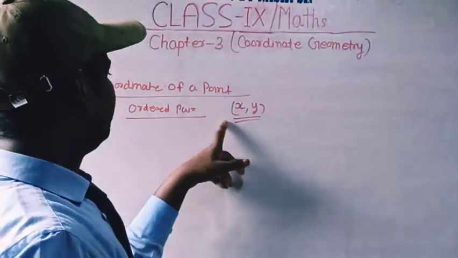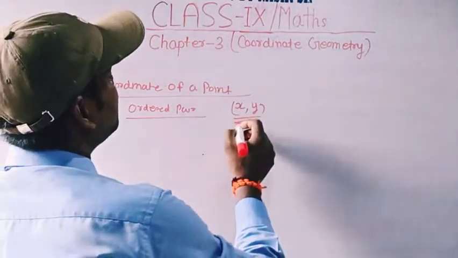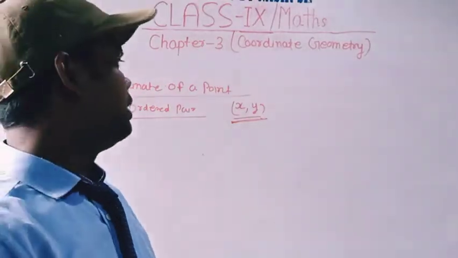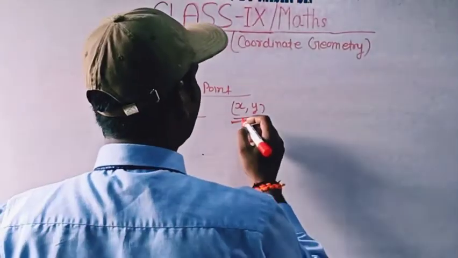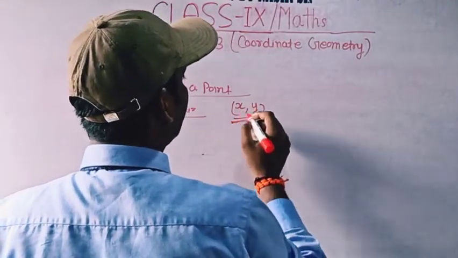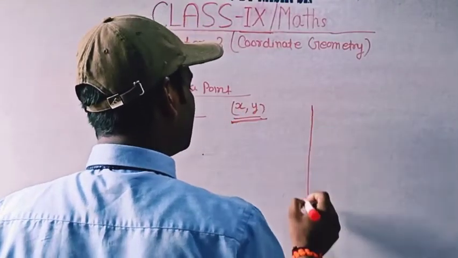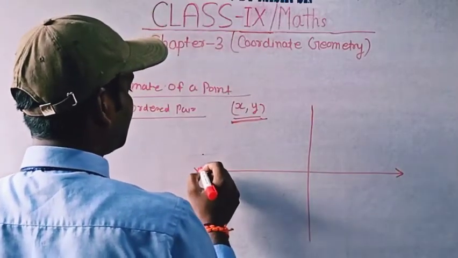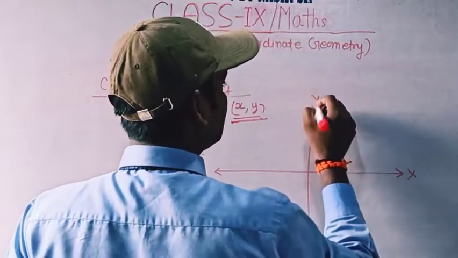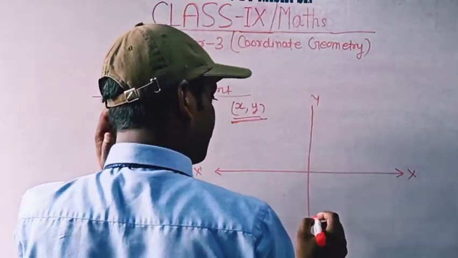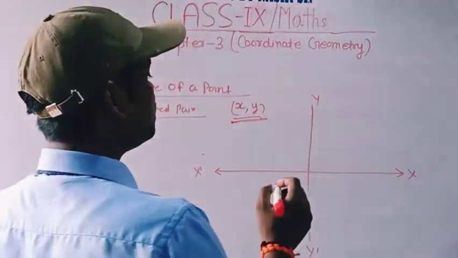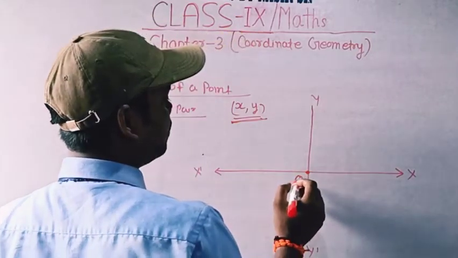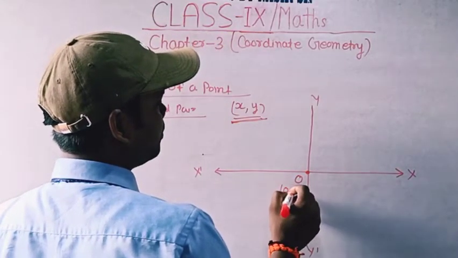So this type of number is represented in the Cartesian plane. If we want to locate (x, y) in the Cartesian system, first we draw a Cartesian plane. This is X', X, Y, Y'. This is the origin, represented by O, and the coordinate of the origin is (0, 0).